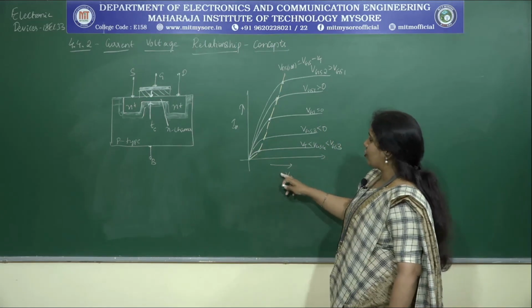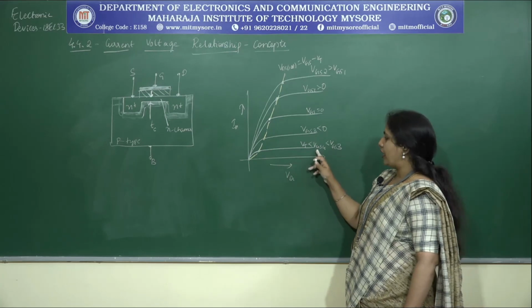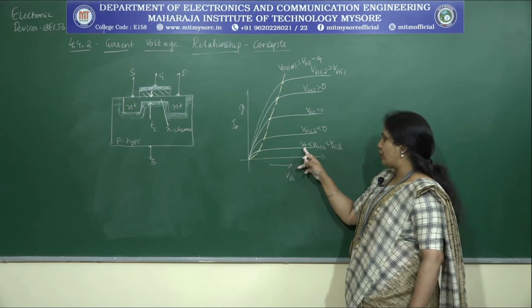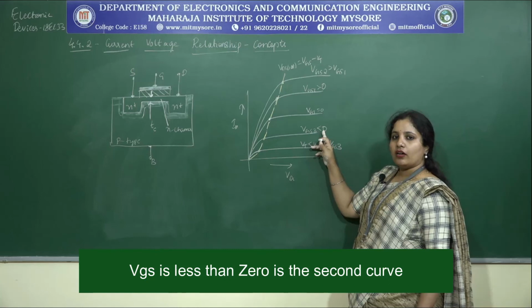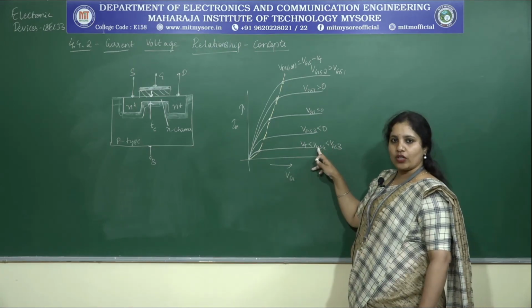And if I consider the characteristics, where did I start off? I consider a condition where my gate to source voltage VGS is greater than VT, because VT is negative. Please do remember that. And VGS is greater than 0. Even at that point I can see a certain current flowing in the device.